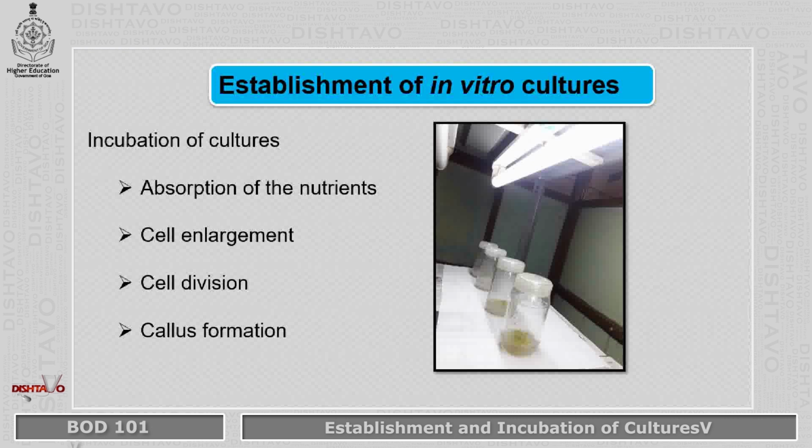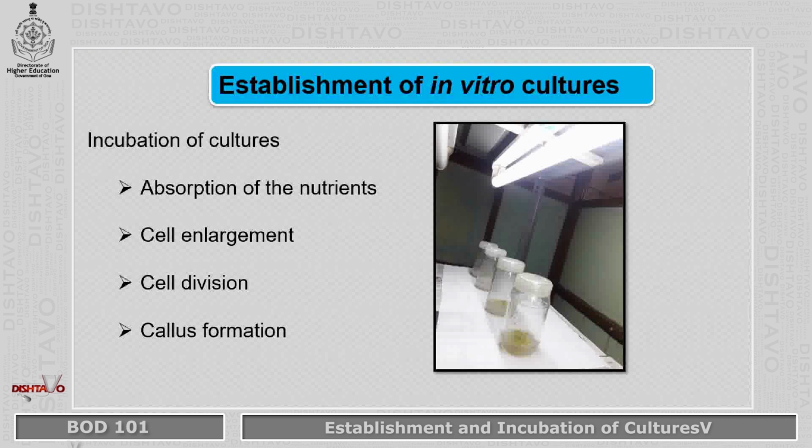Photoperiod depends upon the type of the explant that is used. Some explants require less amount of light, some require darkness for growth. In case of callus, it requires a dark period followed by a photo period.